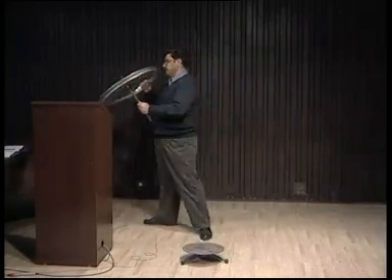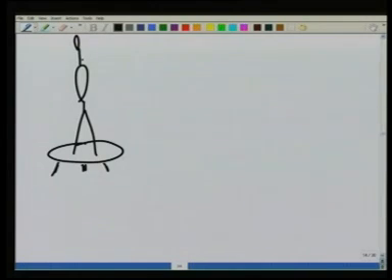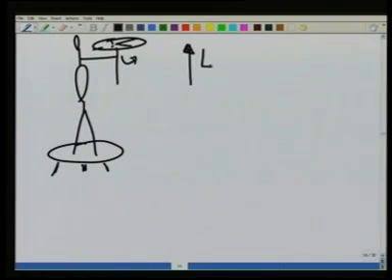What is happening here is that I am standing on this platform, holding this wheel. As soon as I give it a rotation like this, it has gained an angular momentum L in this direction.